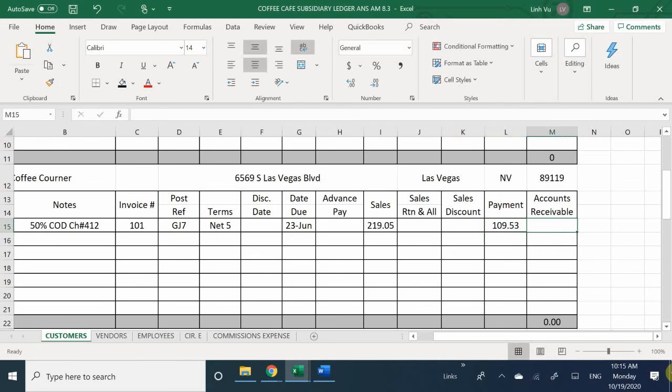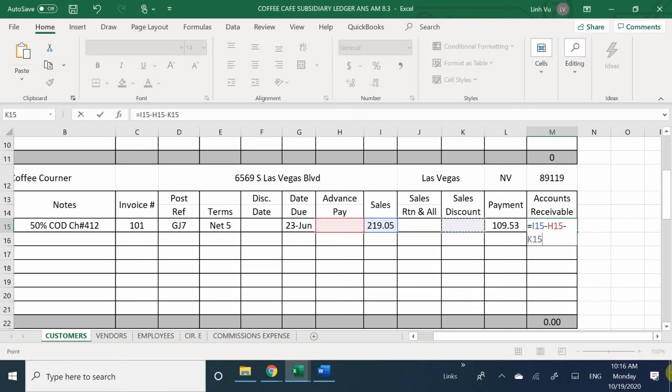Okay. So her accounts receivable, right? The formula is going to be identical to your vendors, except this time I'm going to go for sales. I'm going to subtract any advance payments, any sales returns, any discounts, and lastly, any payments.